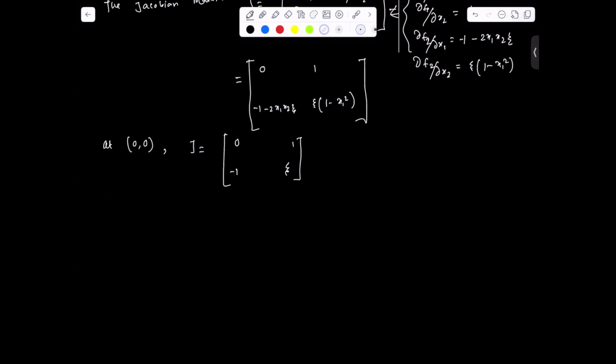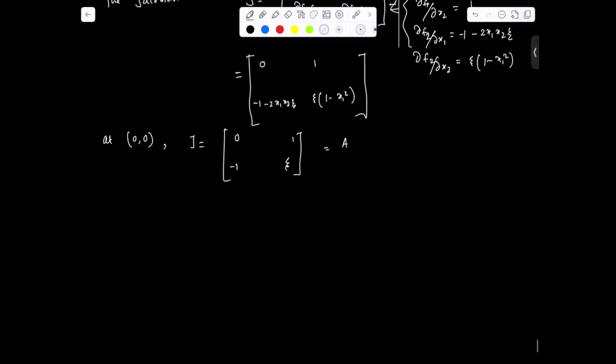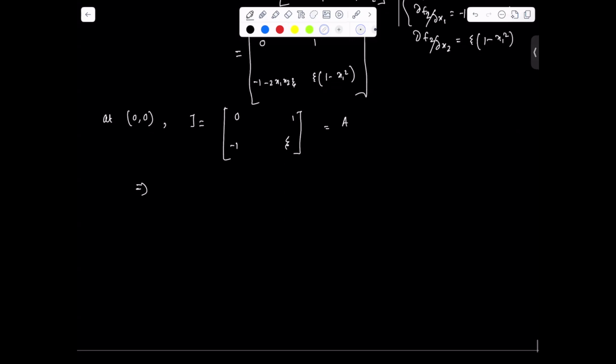Now, if you want to find the eigenvalues, we have to find the characteristic equation of this J matrix. This is also sometimes called the system matrix. Here we can write x1 dot, x2 dot equal to 0, 1, minus 1, zeta times x1, x2, and this is the linearized system.